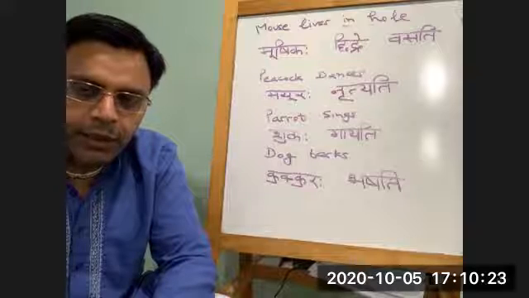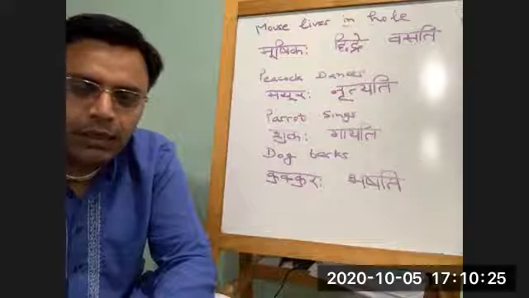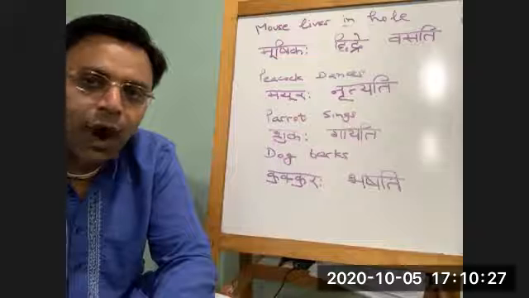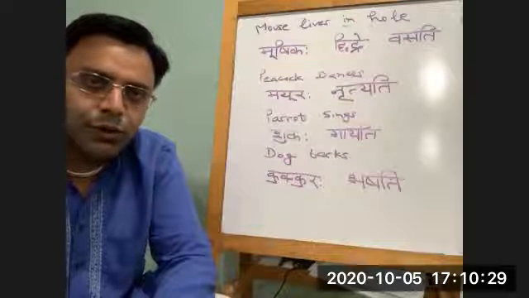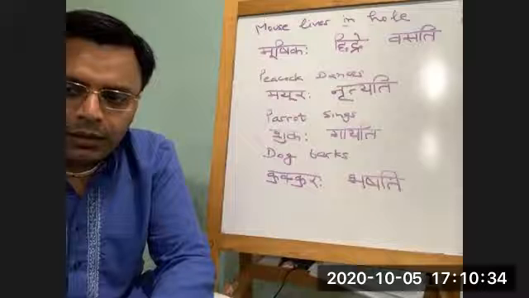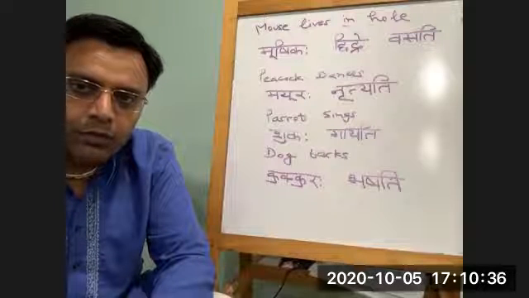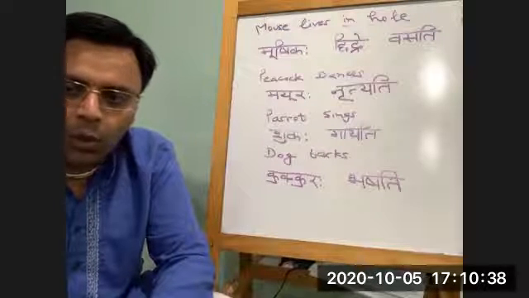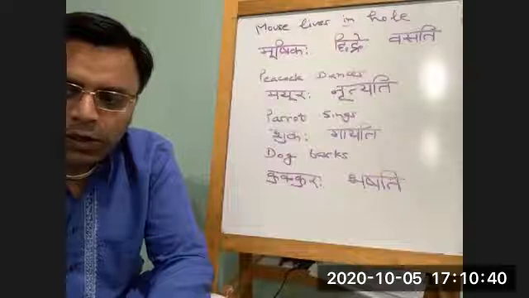And then we did monkey. Monkey, Vanaraha, or also called Markataha. A deer is called Mrigaha. Goat is called Ajaha.